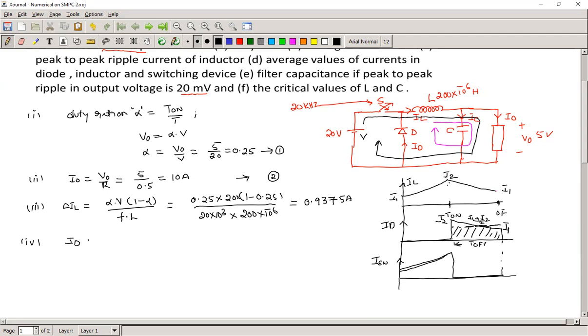The diode average current ID is equal to this area, which is I1 plus I2 by 2 into T off, whole divided by T. Now this quantity I1 plus I2 by 2 is equal to I0.